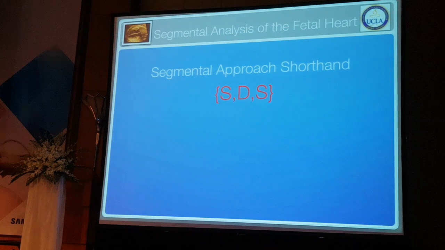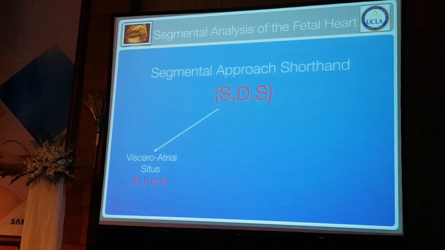This is more than you may need to know, but some of you have seen the segmental approach abbreviated with three different letters. The first letter corresponds with the situs, the positioning of the viscera in the abdomen, and the atria go together and can be reflected in the first letter.